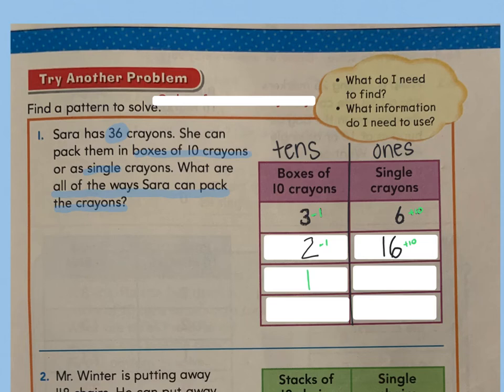So then we would have 26 ones. And what about if we had no boxes of 10 crayons? That'd be 0. And in the ones place, we would have all the crayons, our total, which is 36. So we added 10. Sorry, I mixed up my colors.